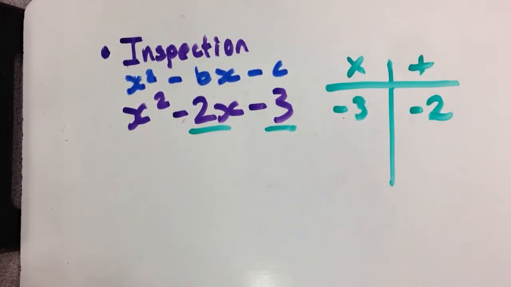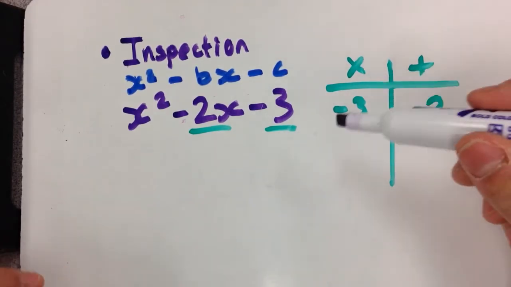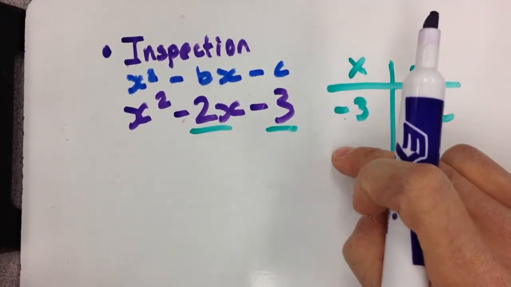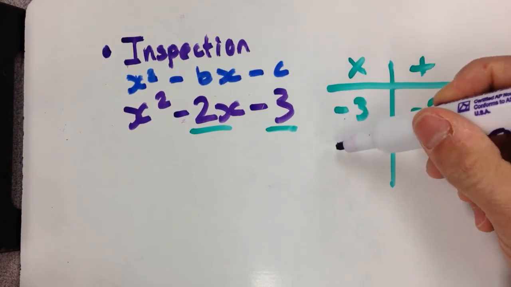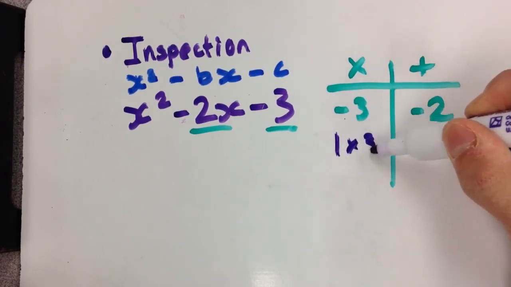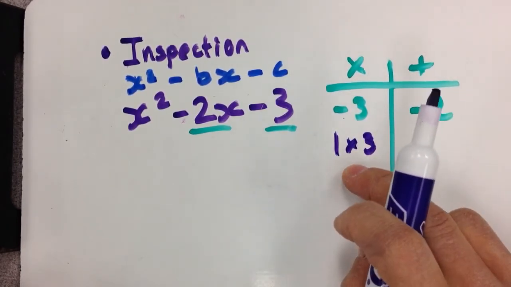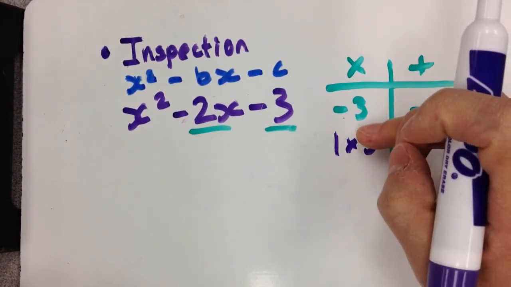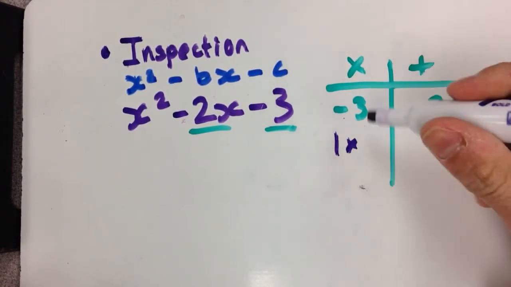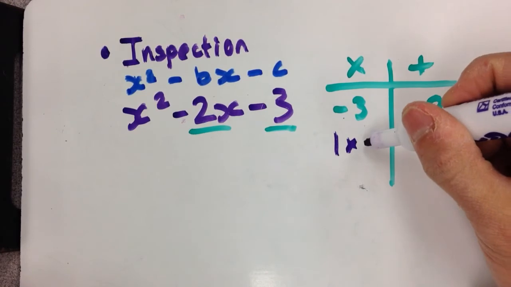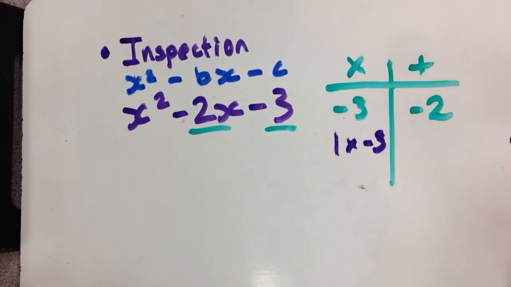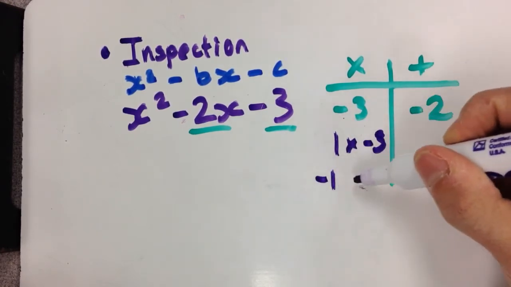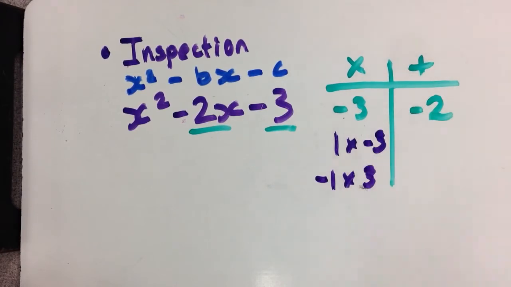If I think about all the different integers that would multiply, first of all, to give me negative 3, well, I have 1 times 3, which would give me positive 3. So if I'm thinking about negative 3, then I have 1 times negative 3, that will give me negative 3. I have negative 1 times 3, that will also give me negative 3.